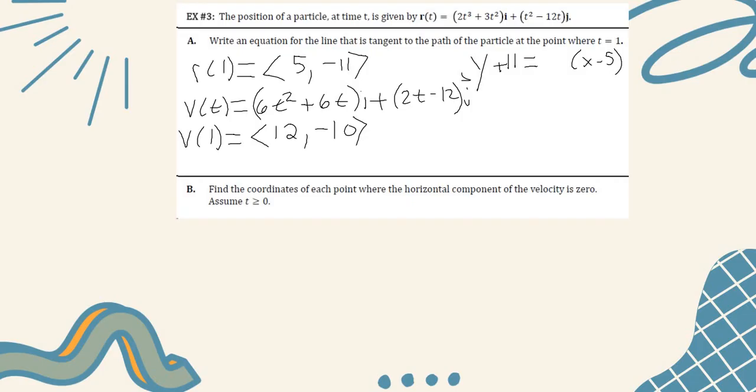Well, velocity, again, is my rate or my change in stuff. Yes? And I have it broken down into 2 components. So basically, this is my change in x, and this is my change in y. Agreed? So if I wanted to find the derivative, or sorry, the slope to plug in there, what do we need to do? Correct.